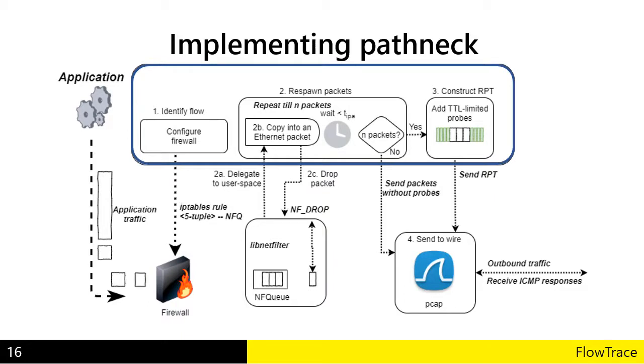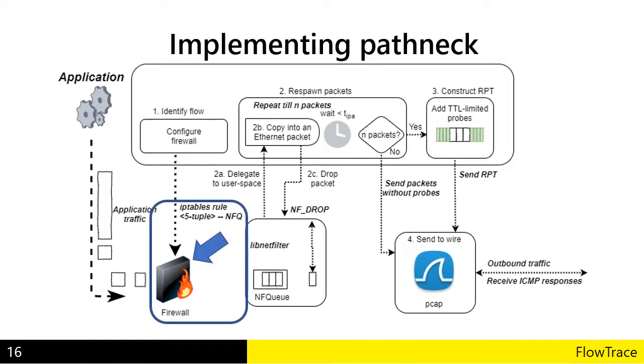We have FlowTrace, the user space program, running alongside the applications. We first identify the flow that we want to capture, and we then configure the firewall using IP table rules, which tell the firewall to look for the 5-tuple of that flow and send the packets to the NF queue as the target.